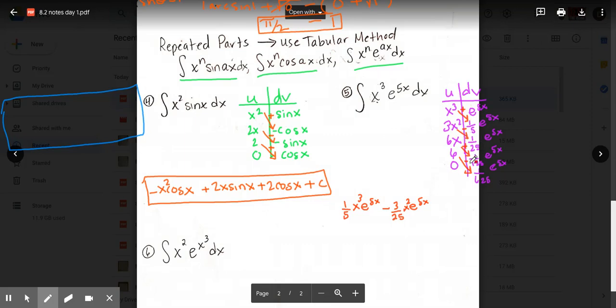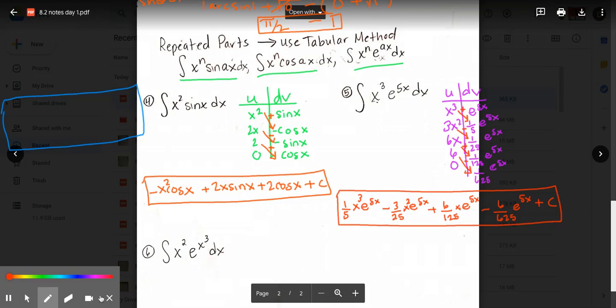The next one is 6 over 125 x e to the 5x, and then minus 6 over 625 e to the 5x plus c. If you could reduce your fractions, you would. And here's your answer.